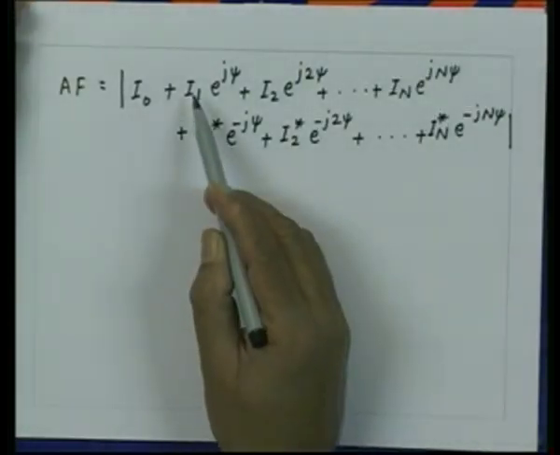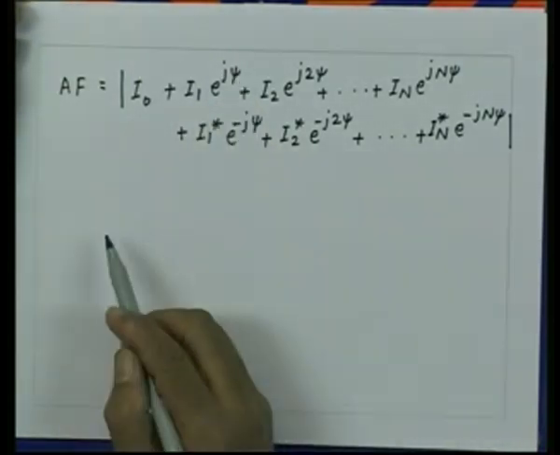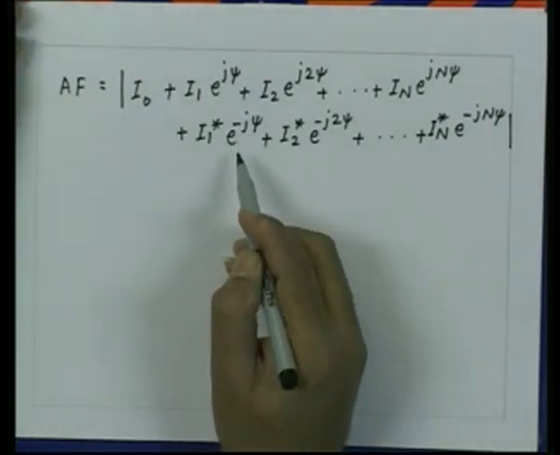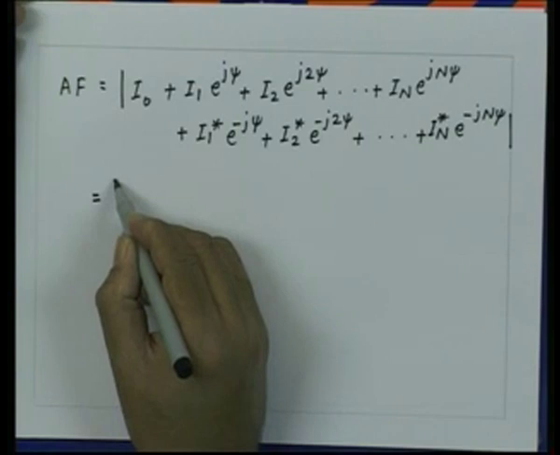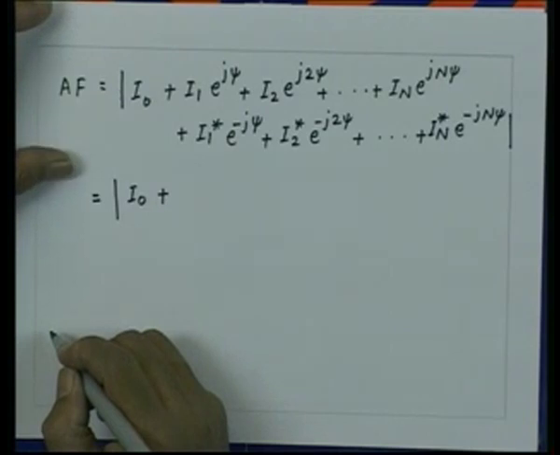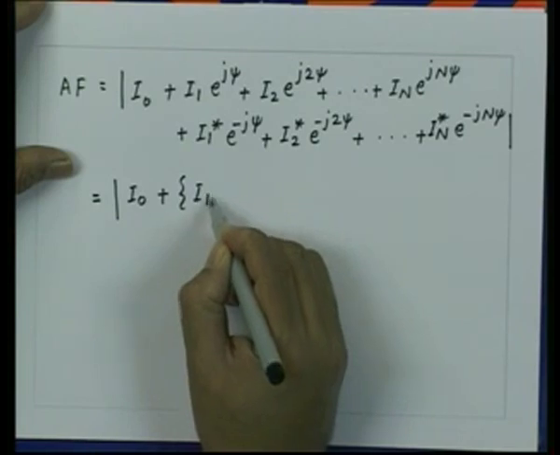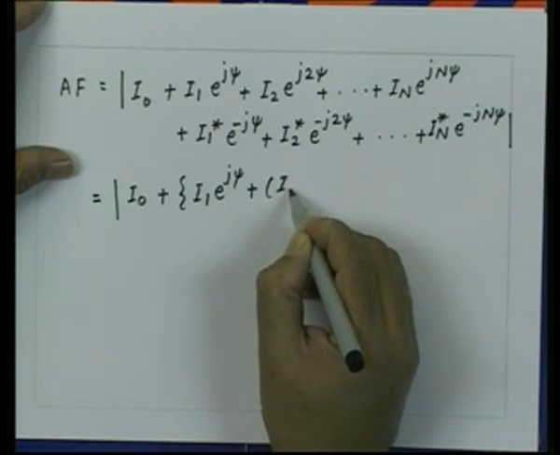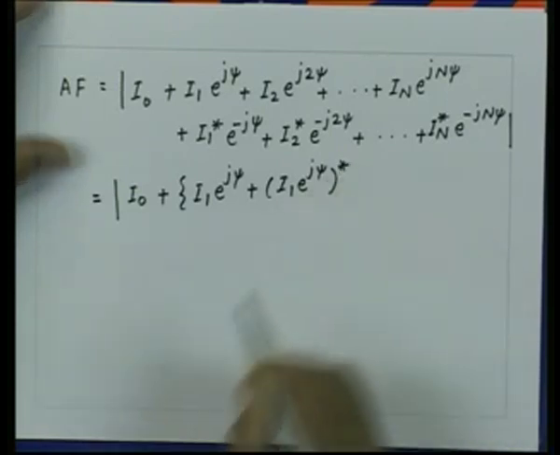Now, we can combine the terms of this, and noting that I1 e to the power j psi and I1 conjugate e to the power minus j psi are complex conjugates of each other, this array factor we can write as I0 plus I1 e to the power j psi plus I1 e to the power j psi conjugate.